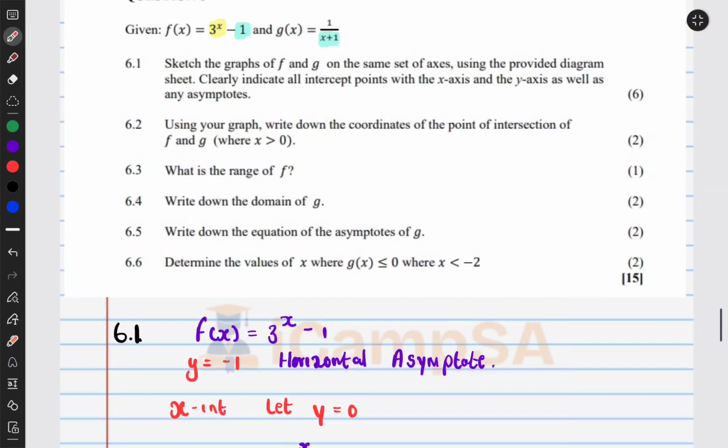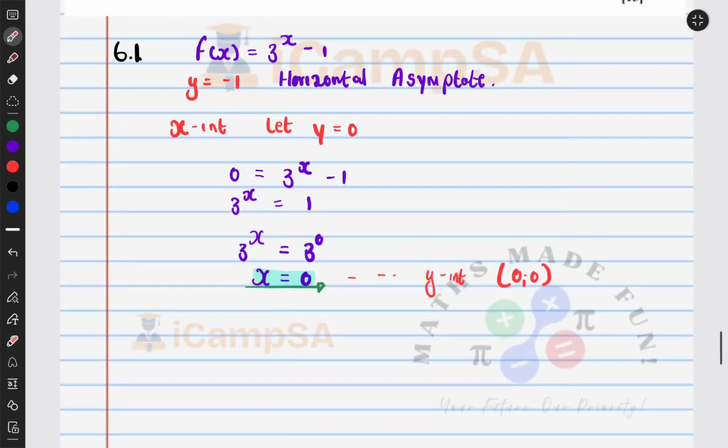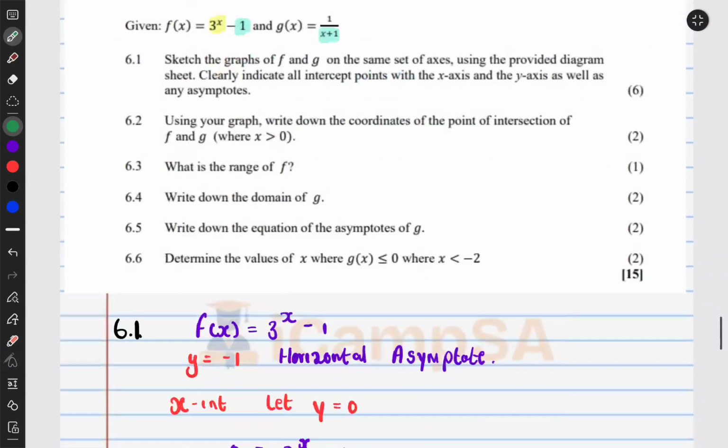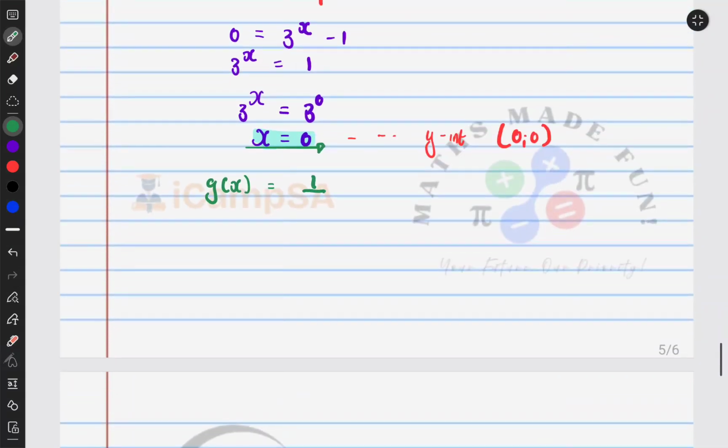And then next, let's find the asymptotes for the graph of g. So g at x is equal to 1 over x plus 1. So y is equal to 0. Nothing is added there, which will be our horizontal asymptote.